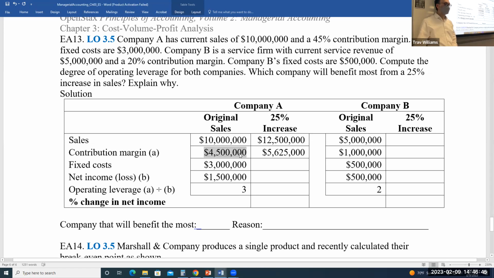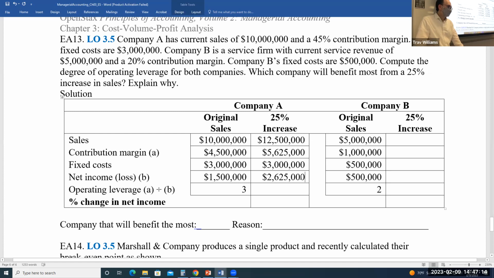Okay, we just took the number times 1.25 and we got the increased contribution margin. Will their fixed costs go up by 25%? No, they won't. You're right, Alec, because they're fixed, right? So they don't change based on production. Then we can subtract to get their net income. All right.